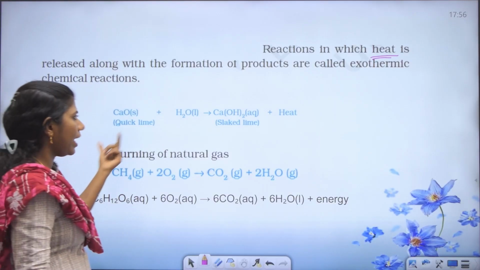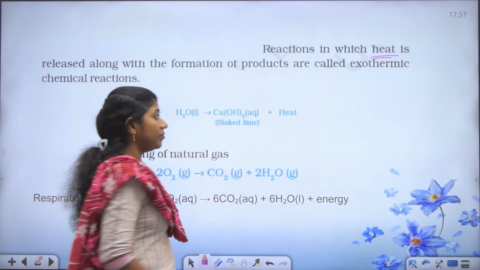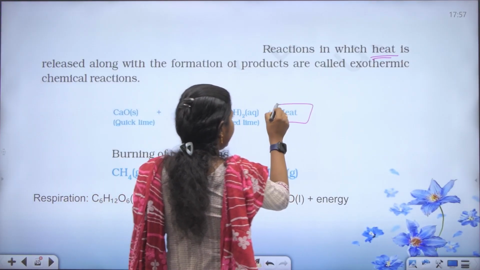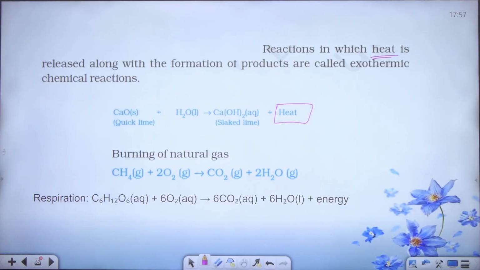Calcium oxide, quicklime, reacts with water to form calcium hydroxide and it liberates heat energy. So this reaction is an example of an exothermic reaction, because it liberates heat energy.